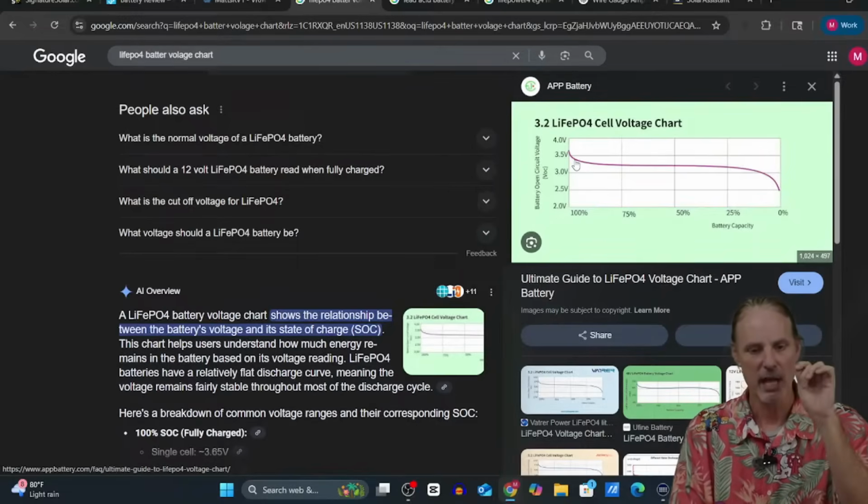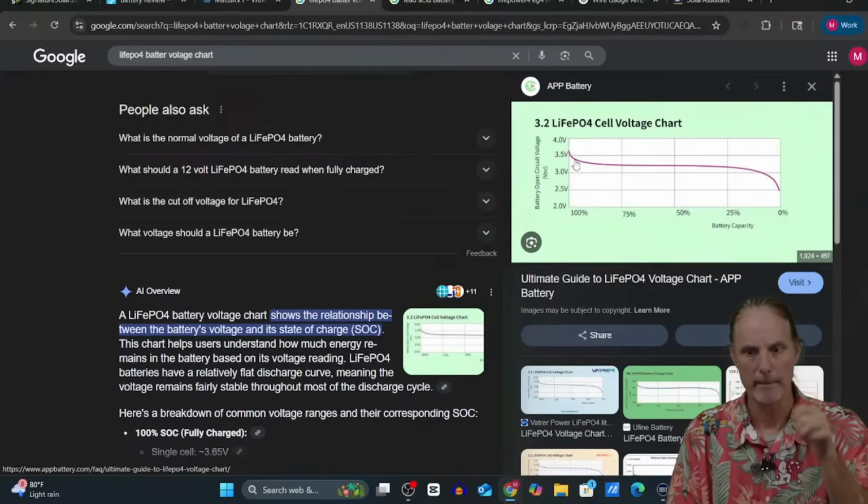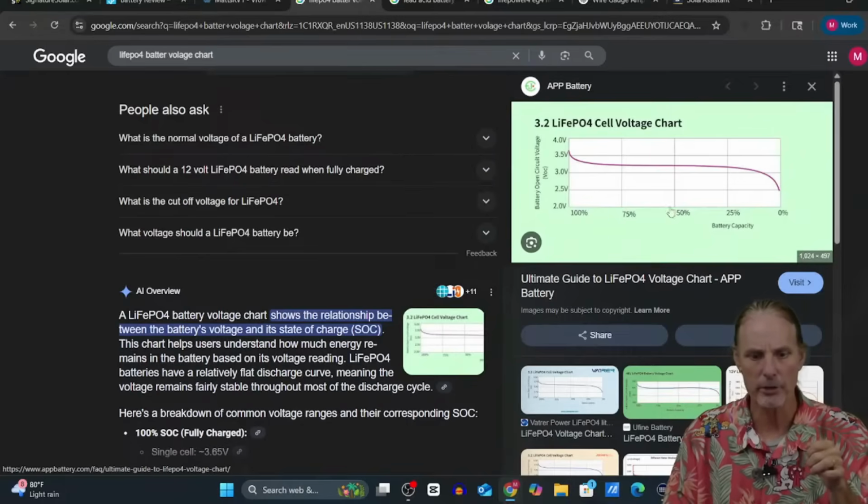You want to take the negative part of your meter and connect it to the negative post of the battery, and then touch as many positive pieces as you can. In other words, go further and further away from the battery in your connections.